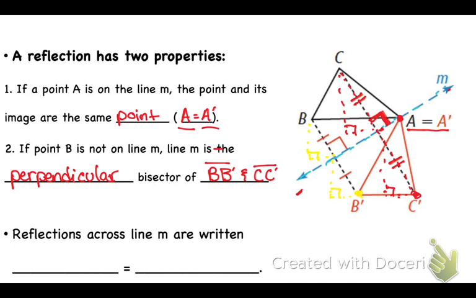Okay, reflection across line M, we write it as this. Capital R stands for reflection. A little m tells you what you're reflecting across. We're reflecting across line M. And then we put what we are reflecting.